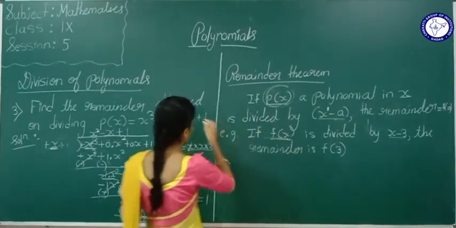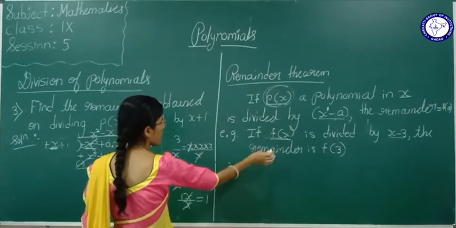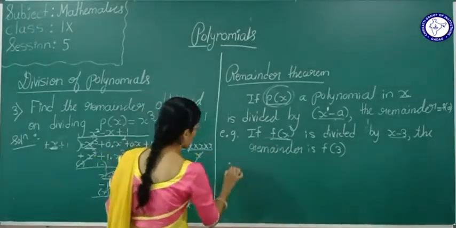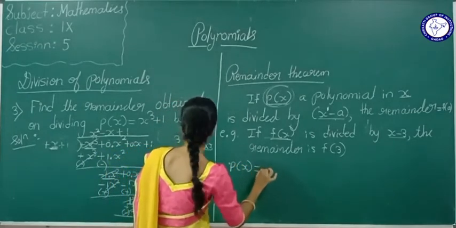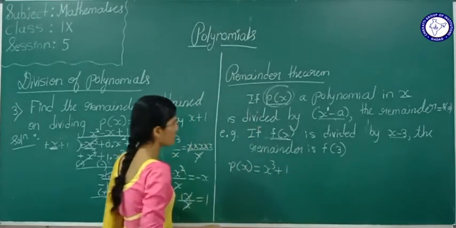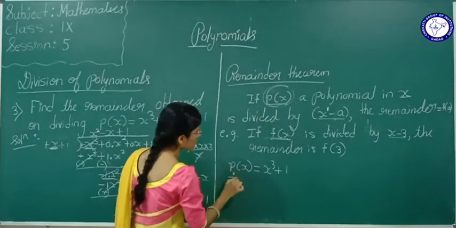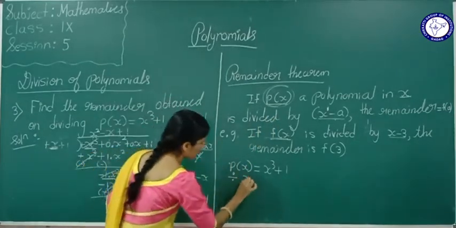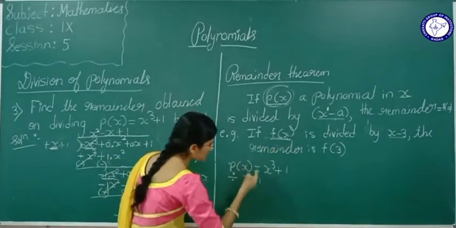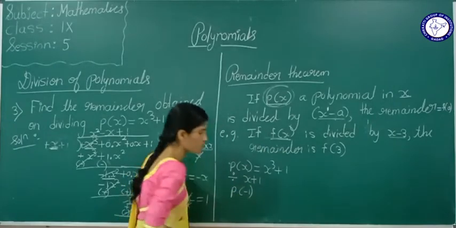Now see, the same problem I will solve by the remainder theorem. What is given? p of x is equal to x cube plus 1. If p of x, a polynomial in x, is divided by x plus 1, according to this, the remainder is p of minus 1.